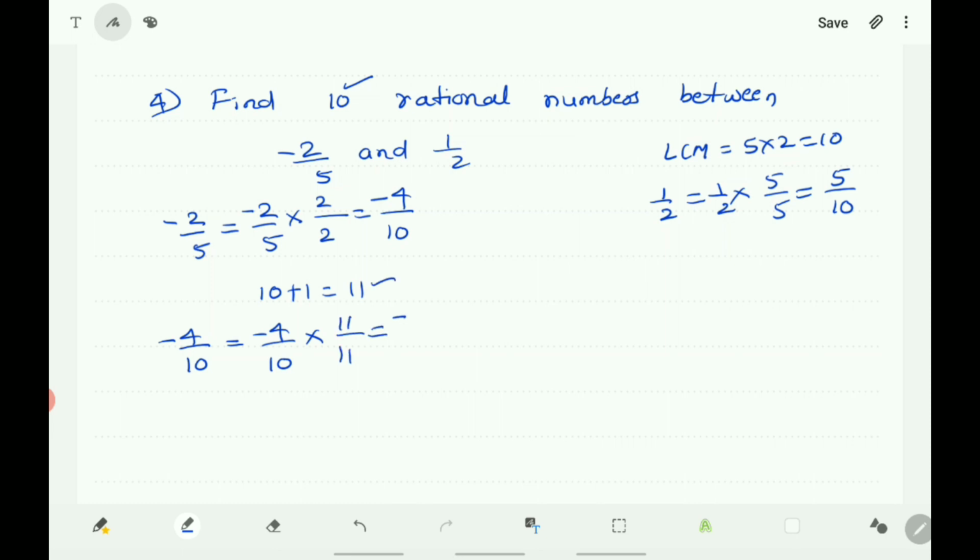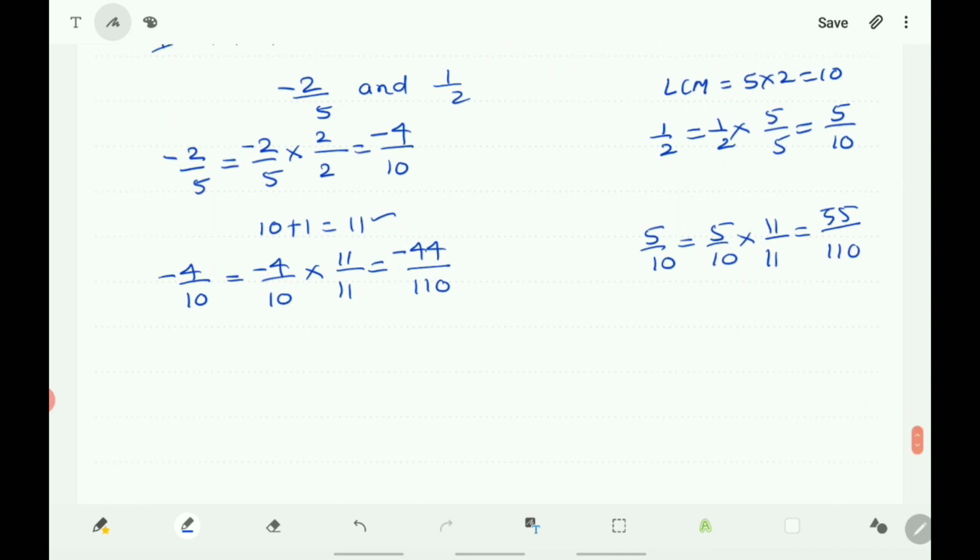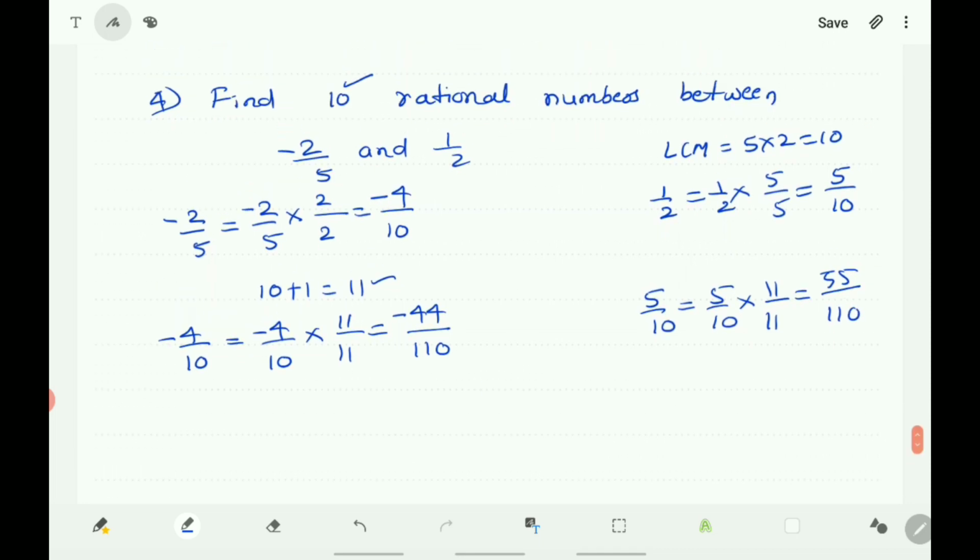Then it becomes minus 44 by 110. And 5 by 10 must be multiplied by 11 by 11. You will get 55 by 110. Now you can write any number of rational numbers between minus 44 by 110 and 55 by 110.